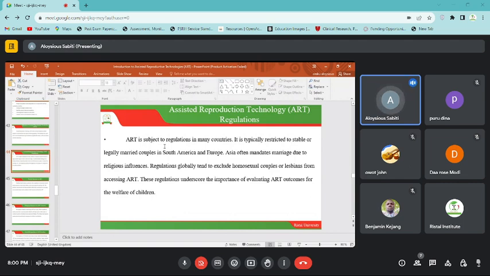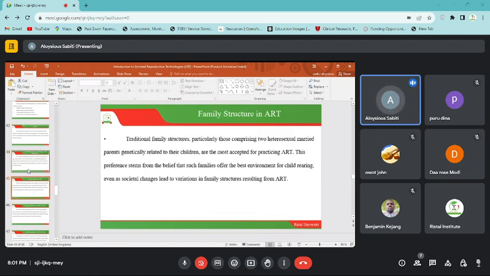And you may realize similarly, this may be there in Central Europe, maybe in Eastern Europe, for the case of Italy, possibly because of their religious dominance in the Catholic church, they may not be able to allow their followers to use such kind of technology. But also this may apply to the Muslims in Asia, possibly because this also is away from their religious beliefs. Then we are looking at the family structure in ART.